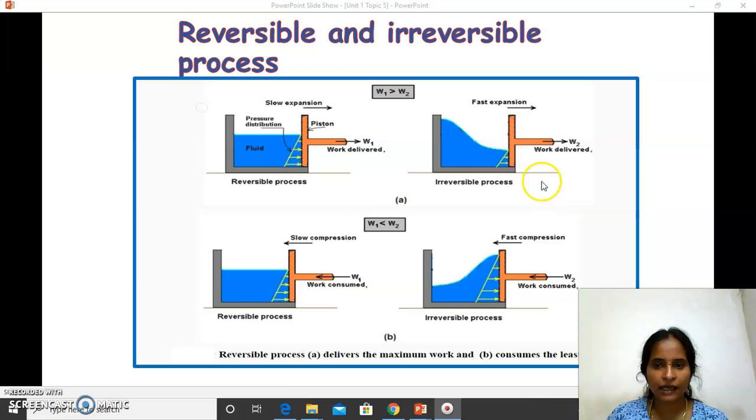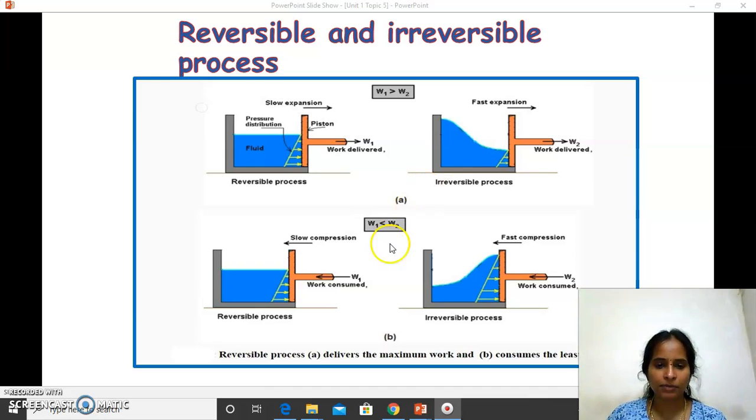In the irreversible process there is fast expansion and work is delivered here also, but you cannot get the trace as in the reversible process.